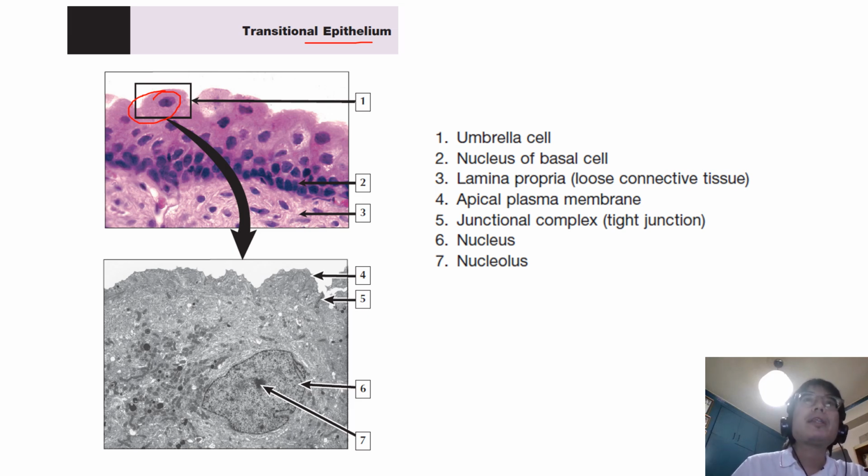And deep to it, the lamina propria, which is loose connective tissue. In electron micrography, we see the apical plasma membrane, and below it is the junctional complex, also called the tight junction. Still deep to it is a nucleus with a nucleolus in the center of the nucleus.